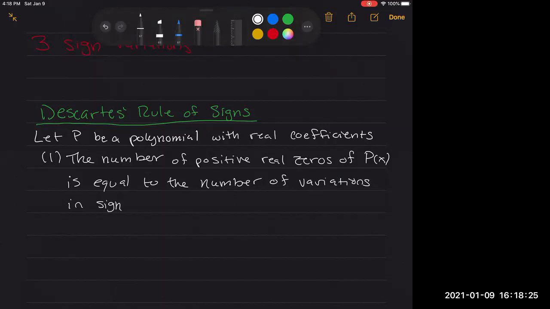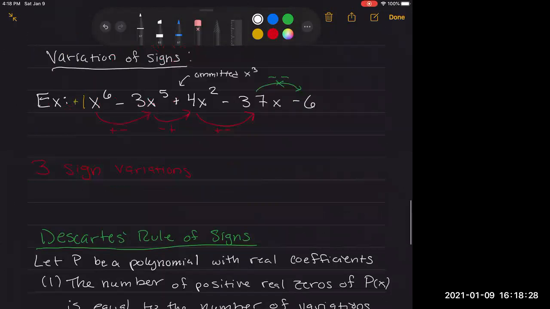So in our former example, it would be 3 or it would be 1. Those are our possible options.